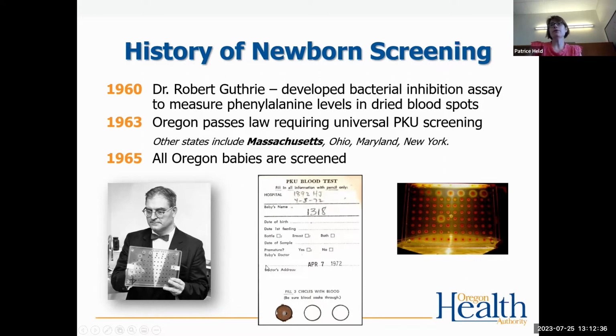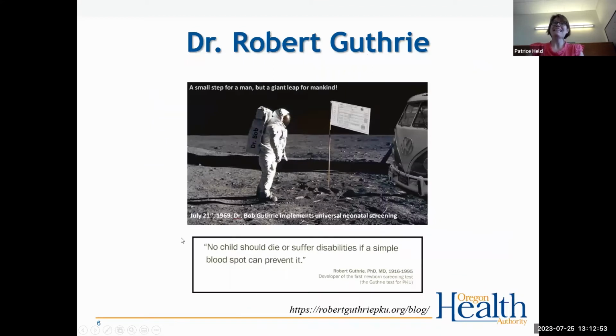This middle figure here is an old filter paper card, a blood spot that was collected in 1972 and used for PKU screening within the Oregon newborn screening program. I put in this slide to again pay tribute to Dr. Guthrie.